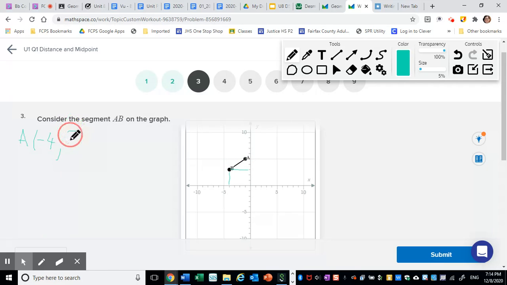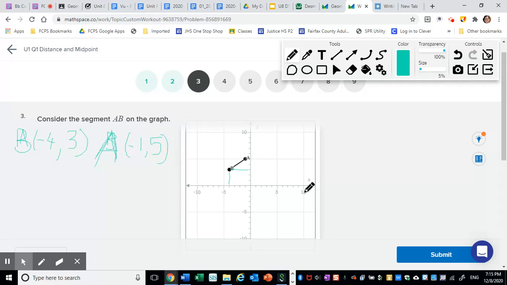That is the coordinate of A. And then you find the coordinate of B. Sorry, this is B, and this is A. A is at negative 1 and 5.